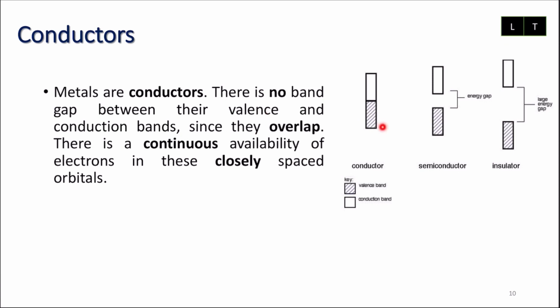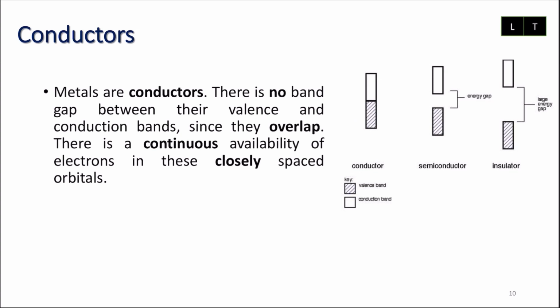Dia akan rapat. So ini adalah contoh untuk metals, di mana both valence band and conduction band dia overlap with one another. So akan ada continuous availability untuk electrons lalu dalam bahagian this closely spaced orbital. Sekiranya awak ada semiconductors, energy gap dia akan ada sedikit size yang berjauhan antara satu sama lain between conduction band and valence band.